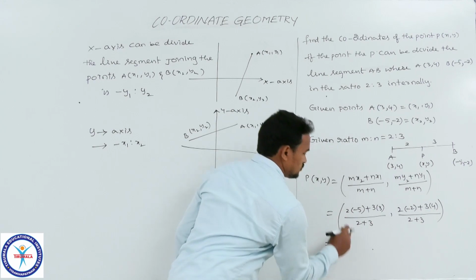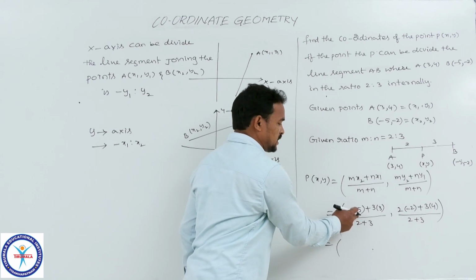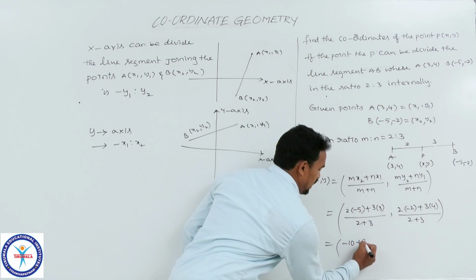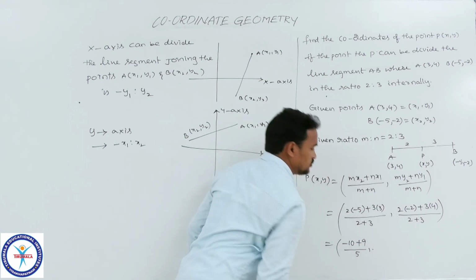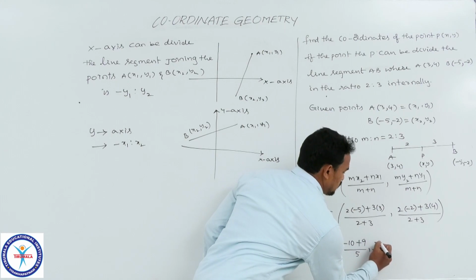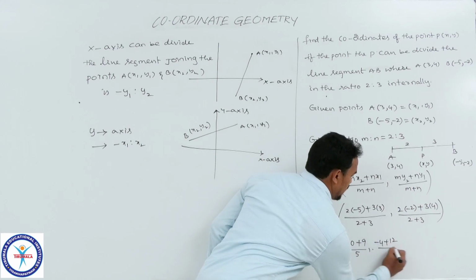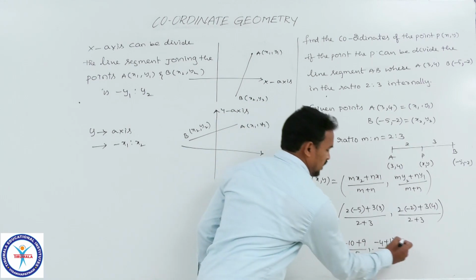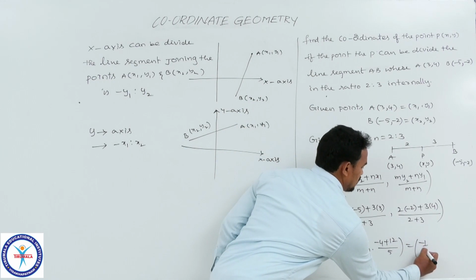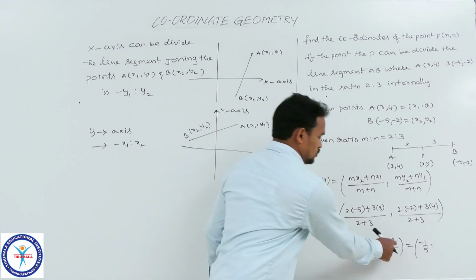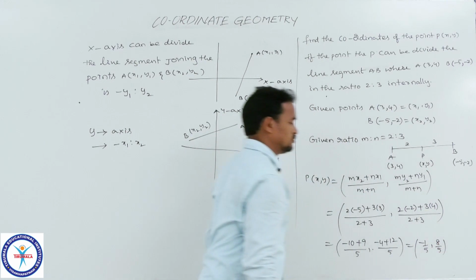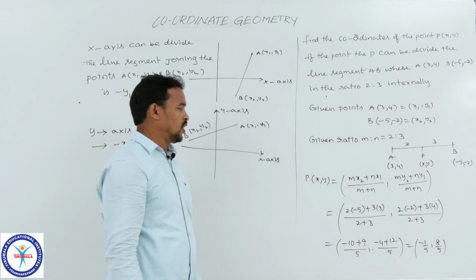So that equals 2 into minus 5 means minus 10 plus 3 into 3 means 9 by 5. Here 2 into minus 2 means minus 4 plus 12 by 5. Minus 10 plus 9 means minus 1 by 5. 12 minus 4 means 8 by 5. These are the coordinates of the point P of x comma y.